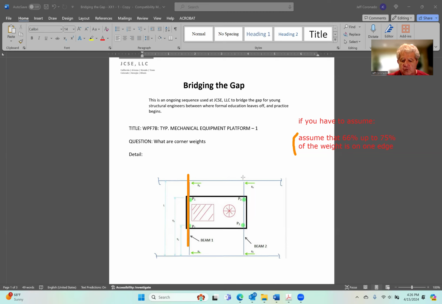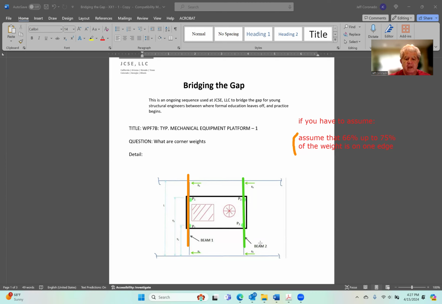It is very unusual that we would see a mechanical equipment with a uniform distribution, where we get corner weights from the mechanical engineer and the four corner weights are almost the same. That's not realistic. They will vary from unit to unit, but they're going to be somewhere between 66% and 75%.